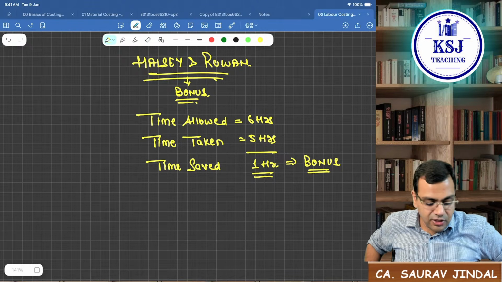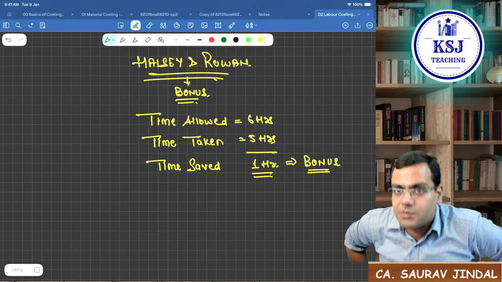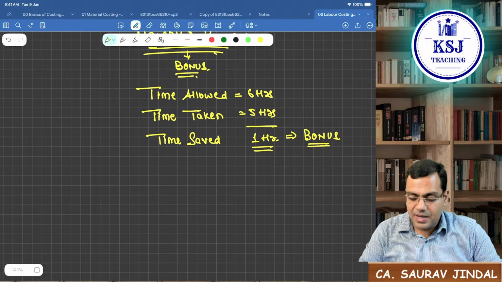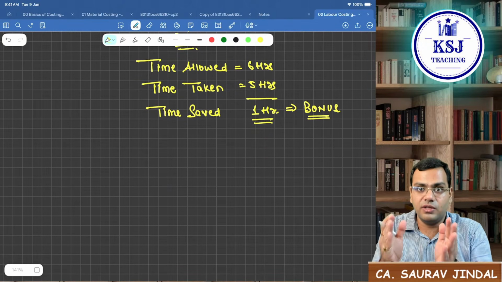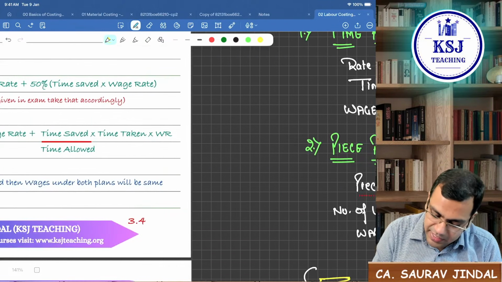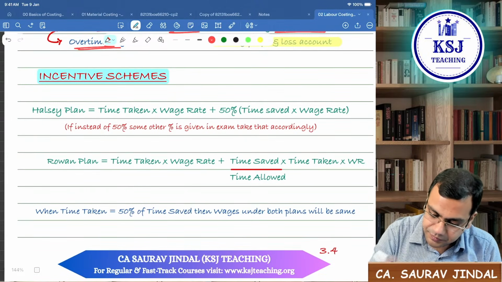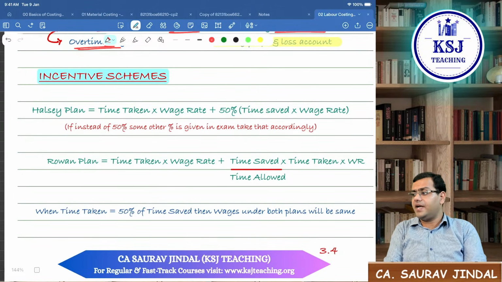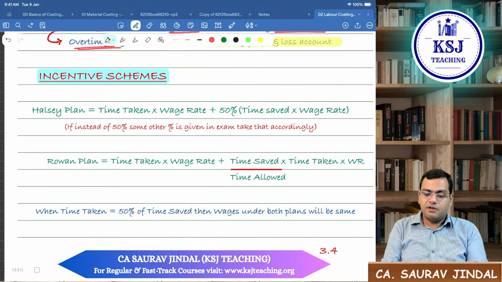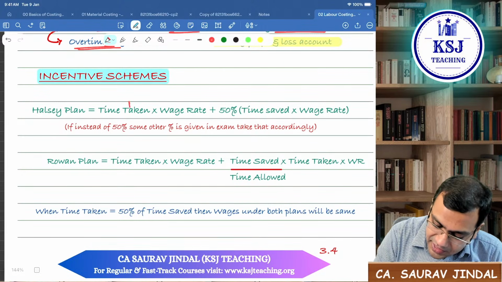So this Halsey and Rowan plan deals with this bonus payment only. Halsey plan says how the wages will be paid. According to Halsey plan, the wages are divided into two different parts. One part is time taken into wage rate.